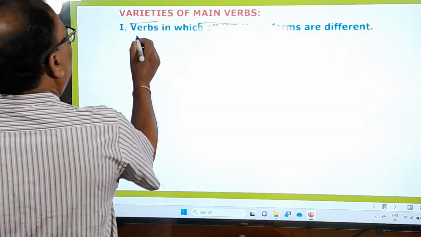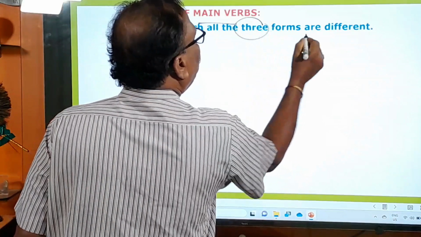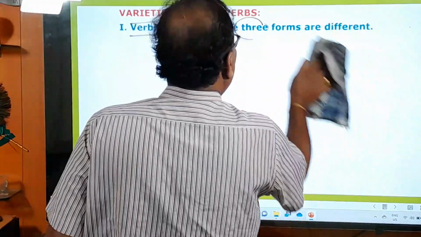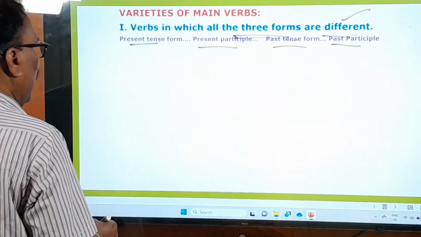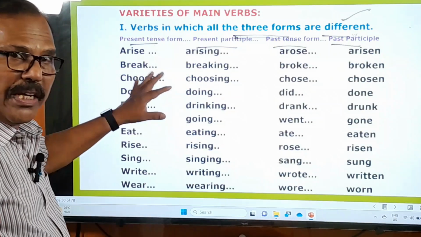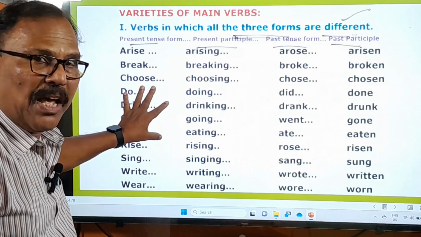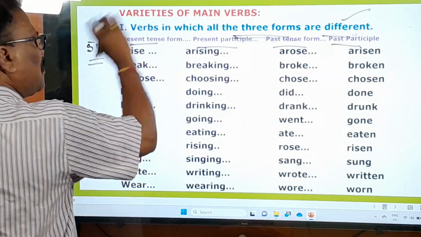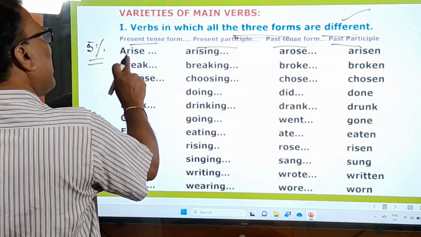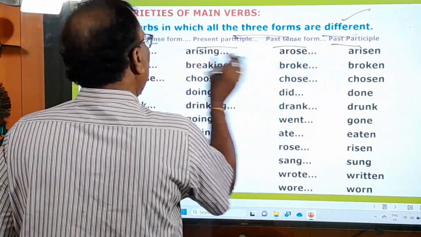Here you pay attention. Verbs in which all the 3 forms are different. Present tense form, present participle form, past tense form, past participle form. Here I have given you a small list of these very important verbs. This variety of verbs is just 5% of the total verbs. Here you see arise, arose, arisen. These three forms are different.